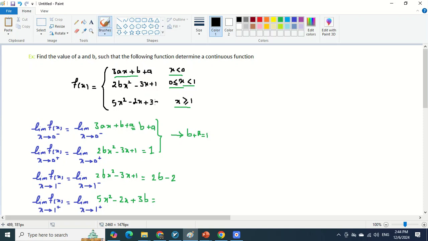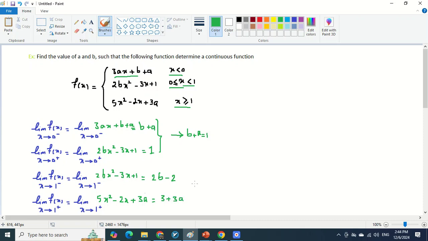So 3a, and let us change that 1 as well to a. So right now, if I substitute x by 1, then I have 5 minus 2, which is 3, plus 3a. 3 plus 3a will be the result.